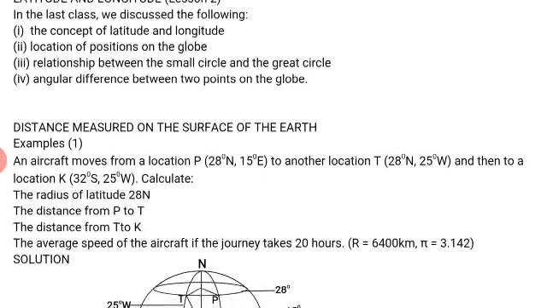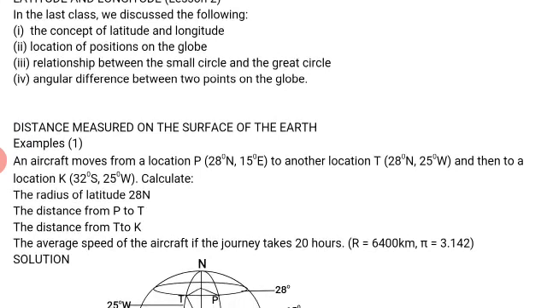We said positions could be located on the globe by using the given angle of latitude and that of longitude. Where the two intersect, that is, where the line of latitude intersects with the line of longitude, gives the location of a particular place. We also discussed the relationship between the small circle and the great circle.